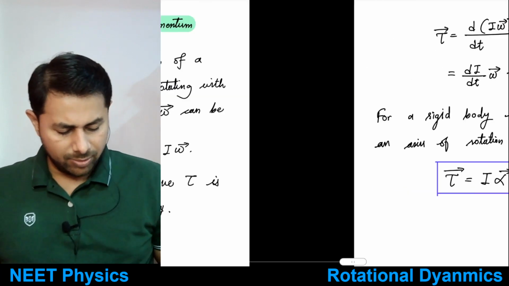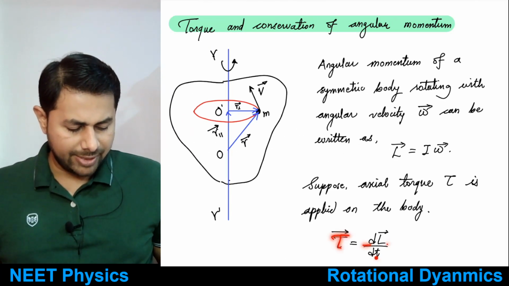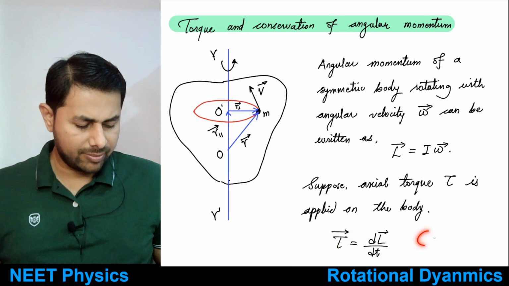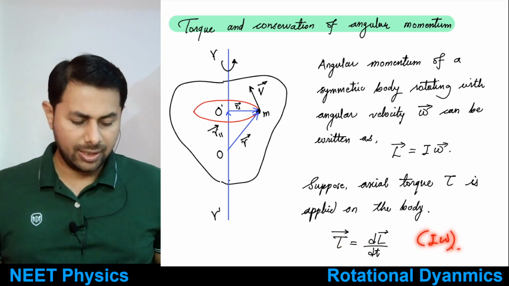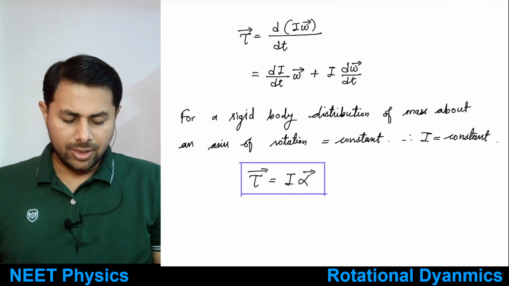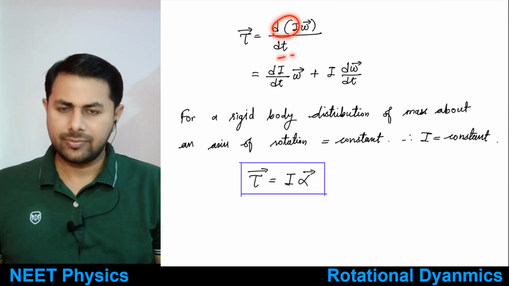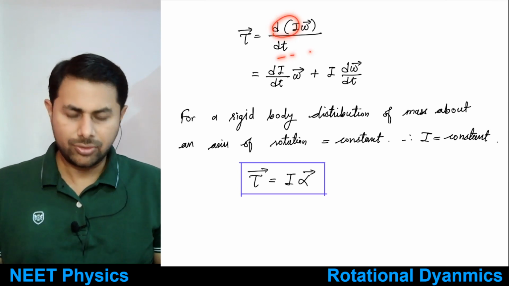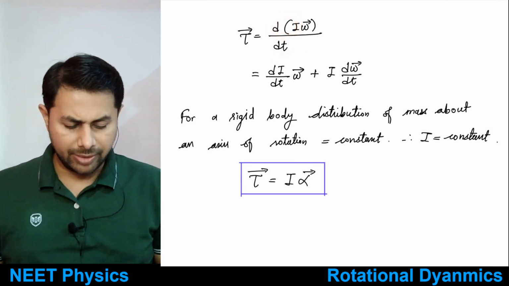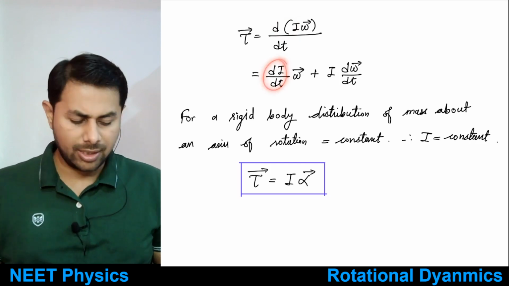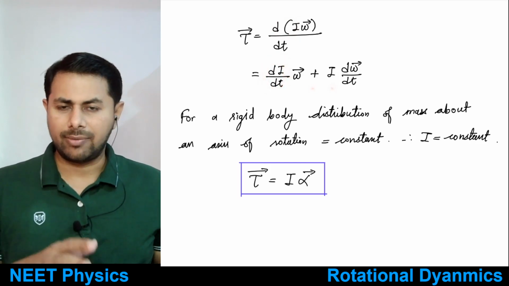So put torque equal to dL by dt, put angular momentum as I times omega, and take the derivative using the product rule: dI by dt times omega plus I multiplied by d omega by dt.